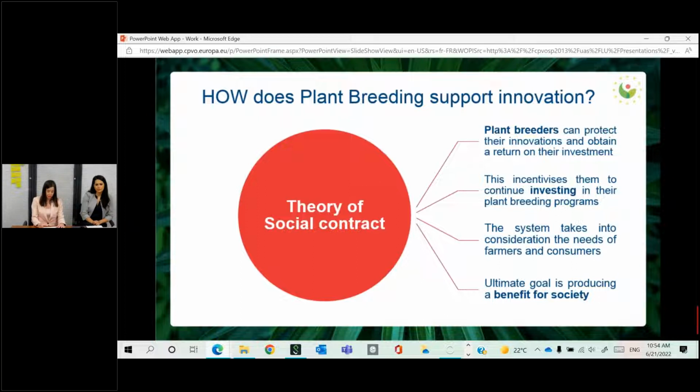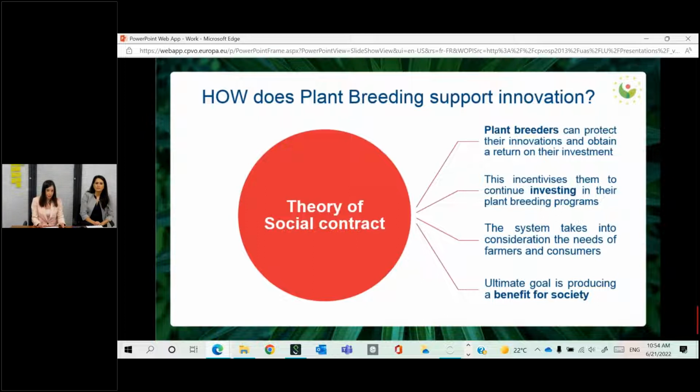Now, plant breeding innovation is a profitable industry of tremendous importance in economic and societal terms, and it creates employment, growth, and business opportunities. Plant varieties as products of plant breeding are of high value. Developing new plant varieties is a time-consuming and costly endeavor, and breeding companies invest in research and development around 15% of their annual turnover.